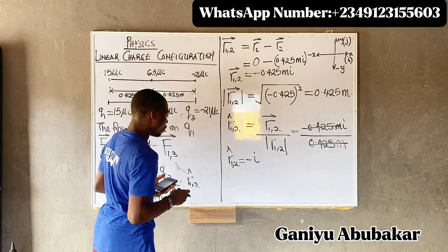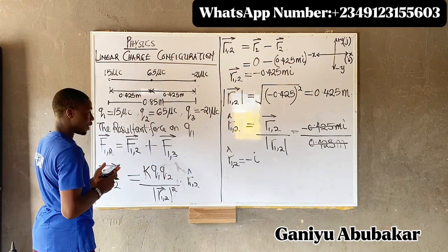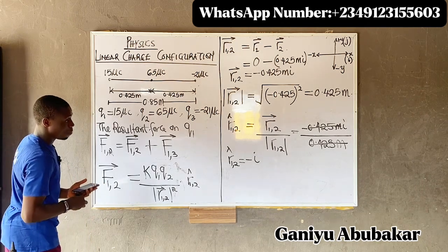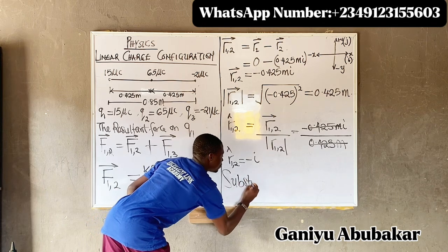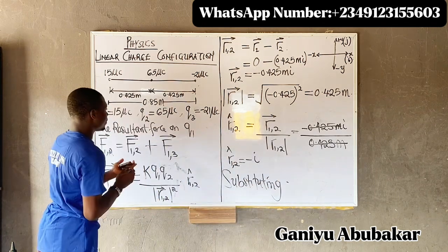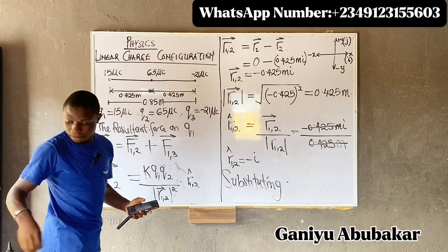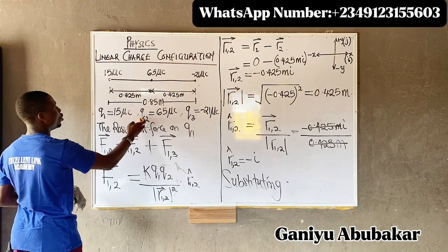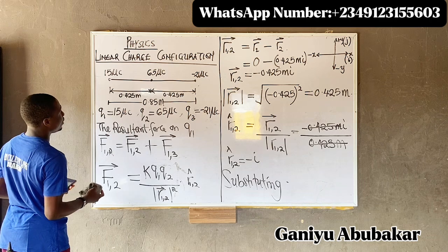At this point, I will now input what I have as my value into this formula and get the exact value of F12, and that's all. So at this point, substituting, what do I get? I'll take this part off, although we know Q1, Q2, Q3, and that's basically easy to get.